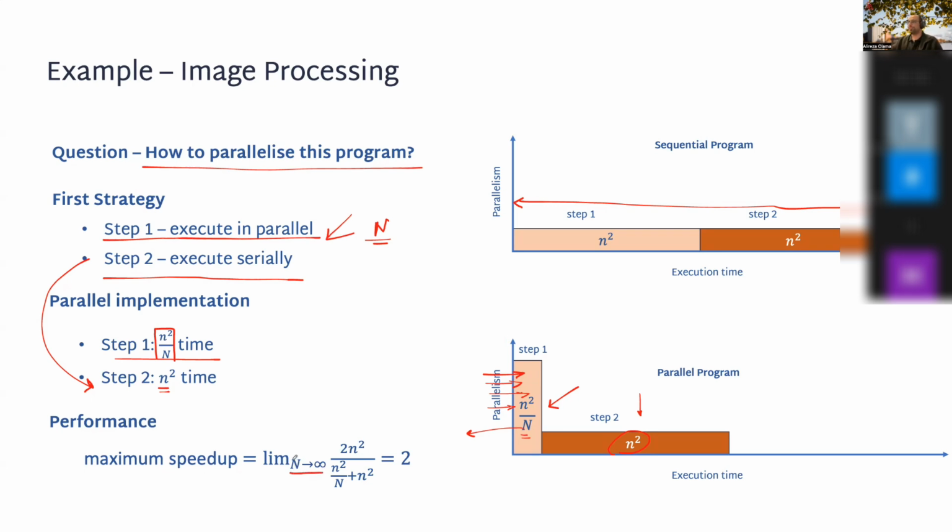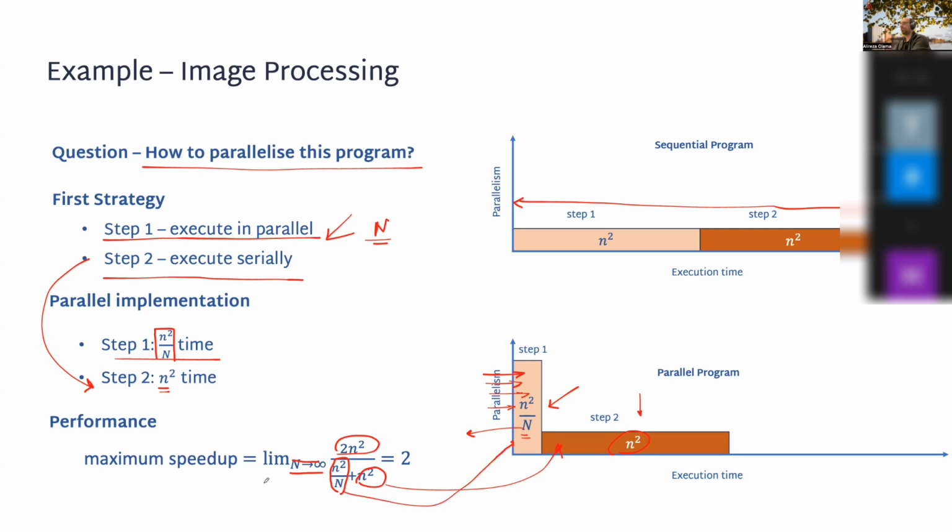So let's see what the maximum speed up would be in this case if we use an infinite number of processors, right? We just need to divide the sequential time 2n squared by the parallel time, which is n squared for the sequential part plus n squared divided by n for the parallel part.